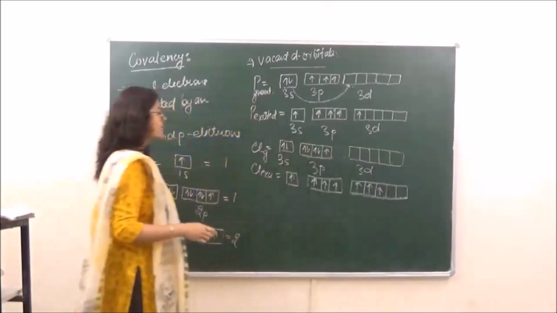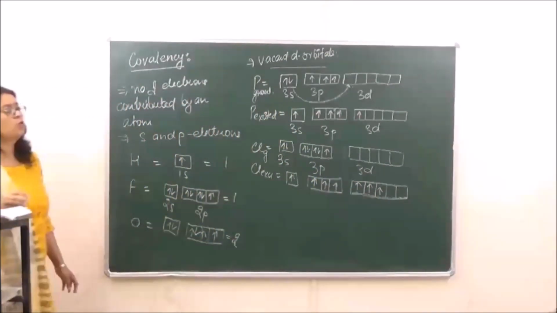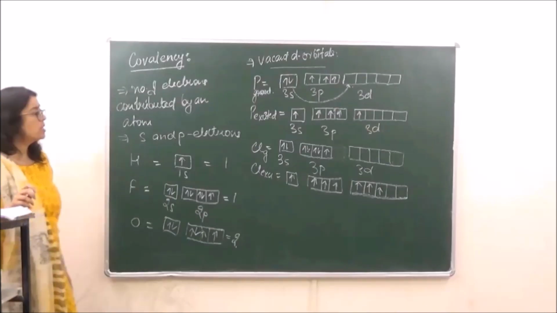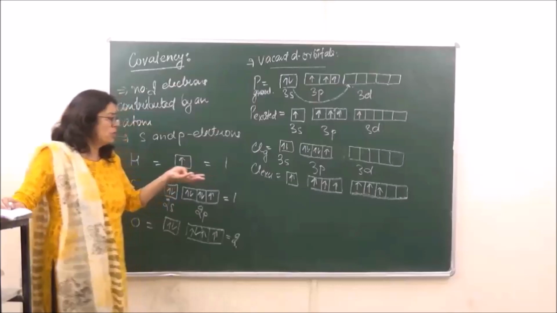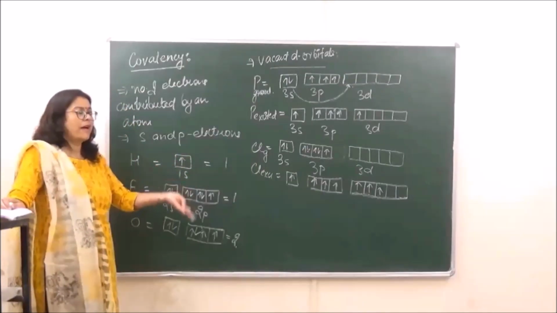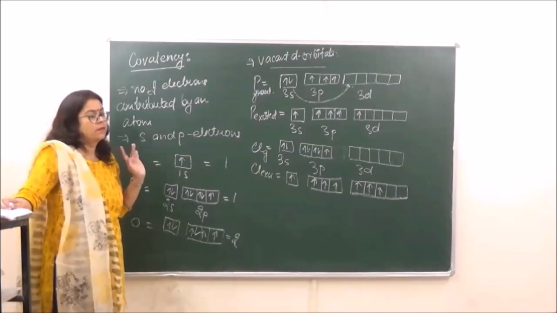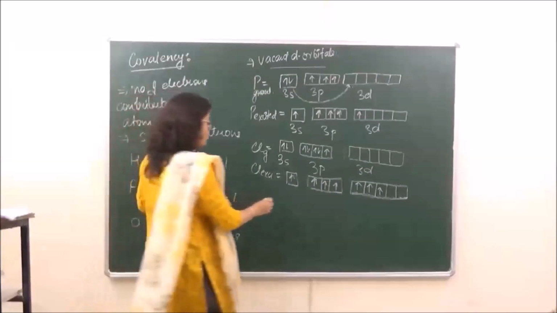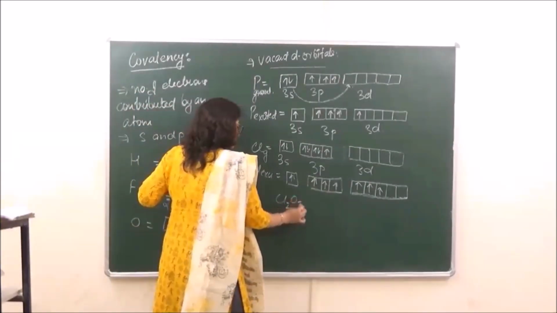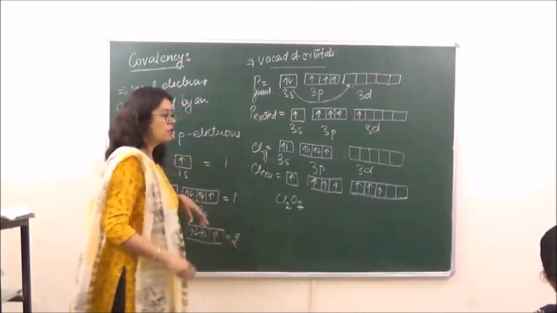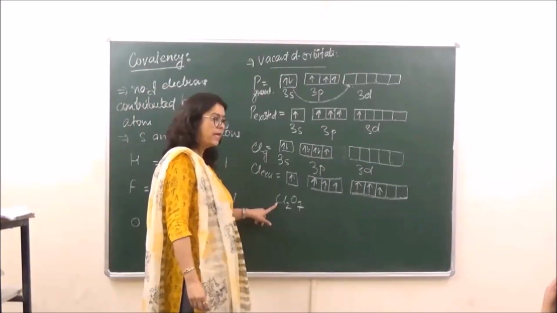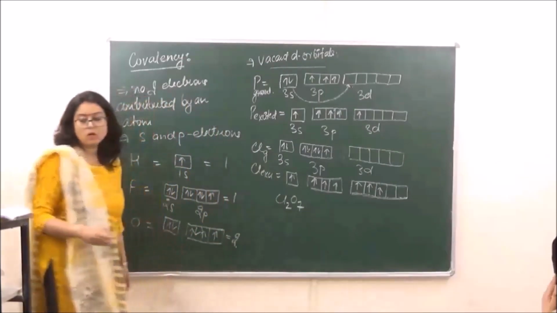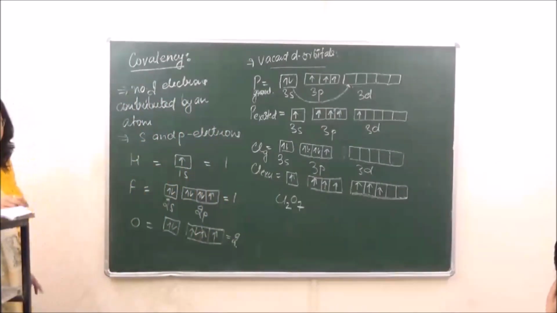So chlorine can extend its covalency to 7. It shows a covalency of 1, and also 2, 3, 4, 5, 6 and 7. Right? For example, in the compound Cl2O7, the oxidation state of chlorine is 7. Okay? Is it clear? So this is what covalency means.